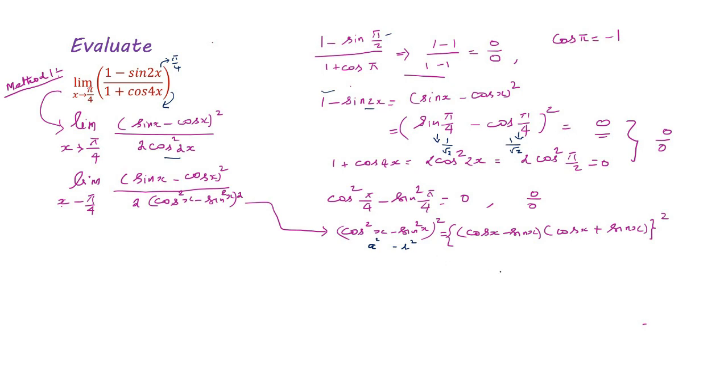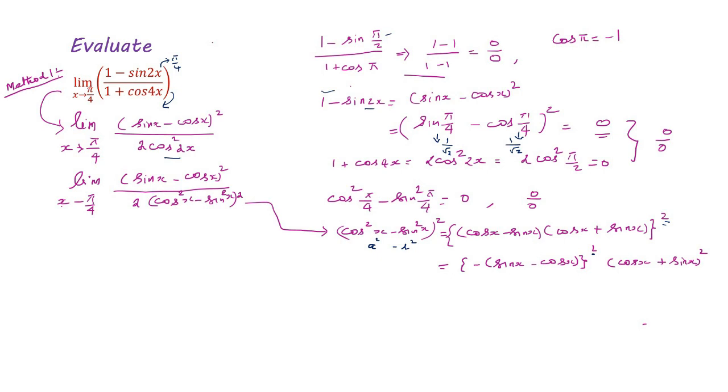Now this cos x minus sin x, you can write as minus of (sin x minus cos x). So the square has to be put here, then (cos x plus sin x) the whole square has come here.